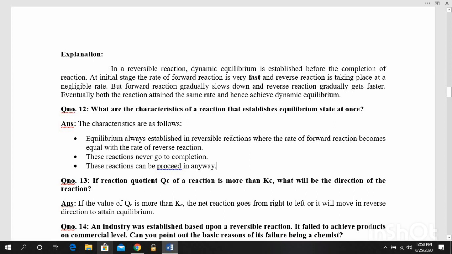And we know that in a reversible reaction, the rate of forward reaction becomes equal to the rate of reverse reaction. These reactions never go to completion. We will never get the final product in these types of reactions. These reactions can proceed in any way; equilibrium can be attained either from the product side or from the reactant side.